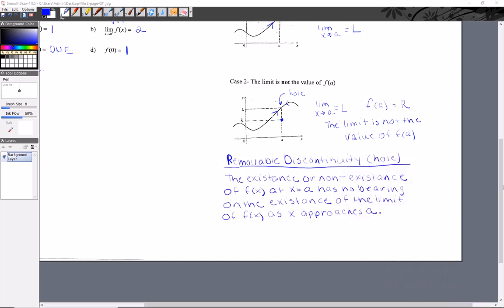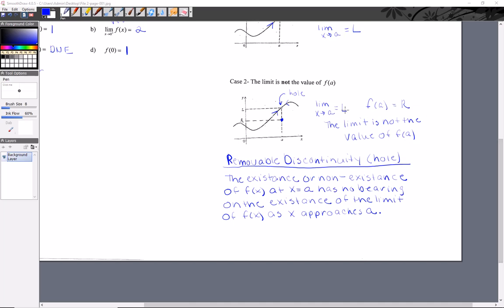Okay, so magically you've got some more writing here, and it goes back to this removable discontinuity or hole, and that's just a break of one point, like a missing point in an otherwise continuous curve. And what we saw here was that the existence or non-existence of f of x at x equals a has no bearing on the existence of the limit of f of x as x approaches a.